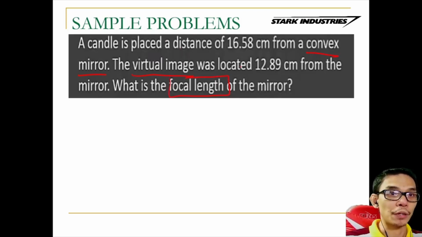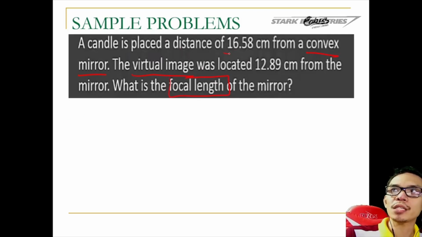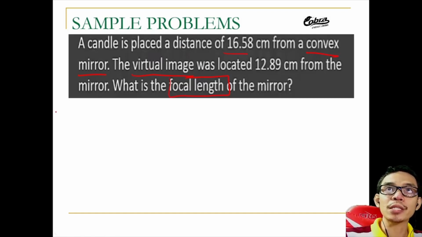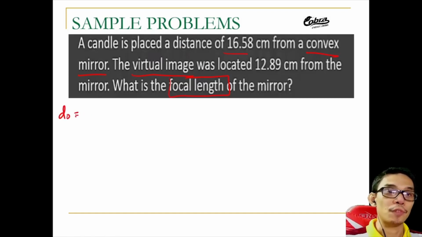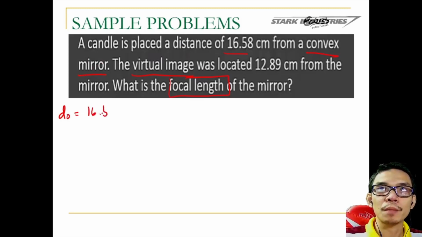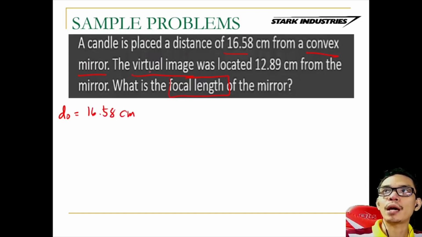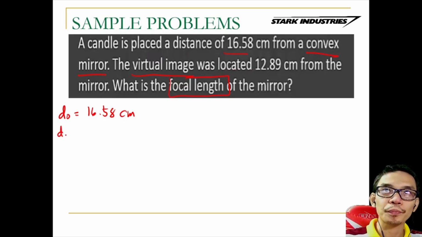In order to solve this one, we should write the data that we have right here. What is this 16.58? This is the distance of the object. Don't worry about the distance of the object because it is always positive: 16.58 cm. Next, the virtual image. This is the distance of the image.